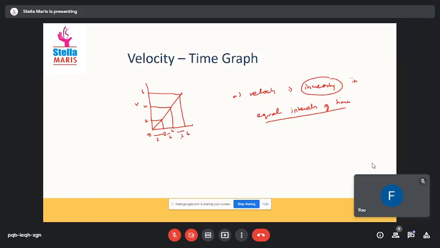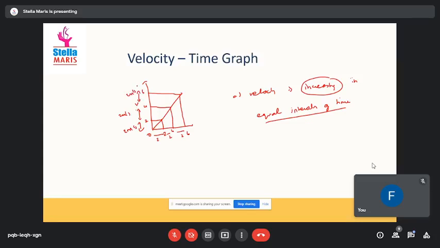What happens in the y-axis? Here the change is happening between 2 meter per second here. Here the change is what? 2 meter per second here, 2 meter per second.